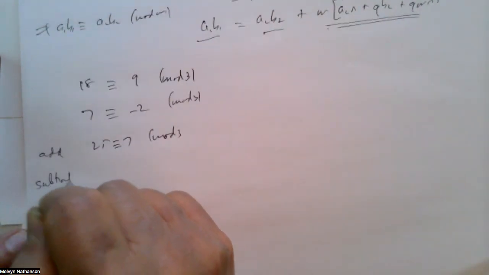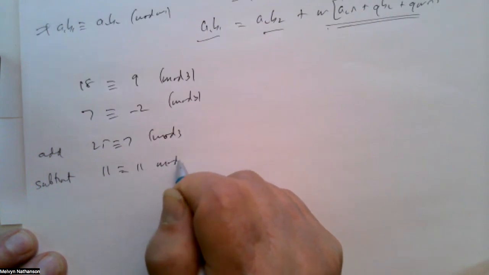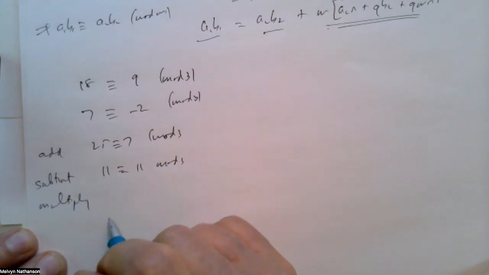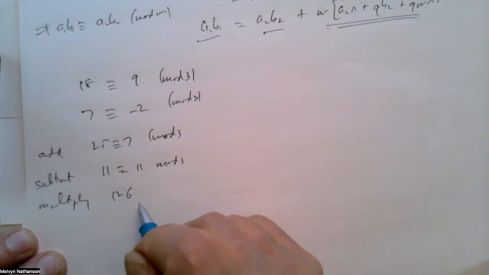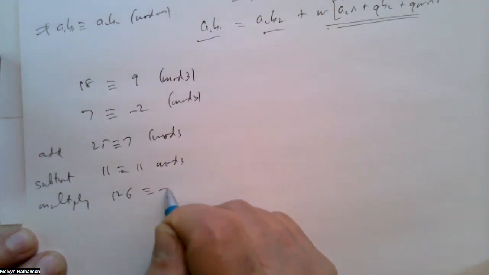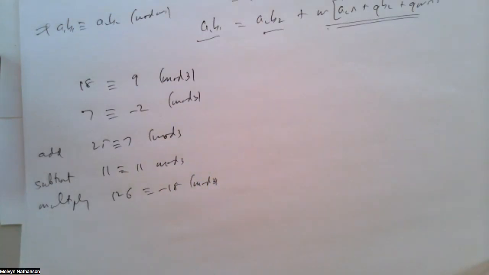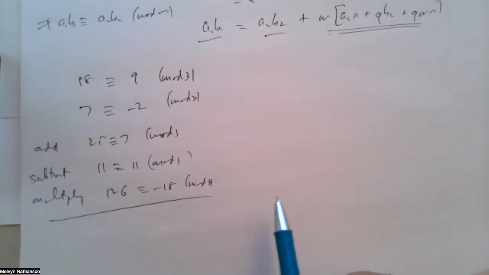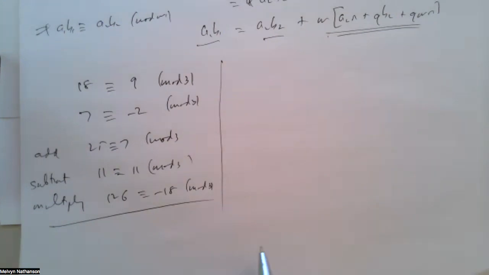If we subtract, we get 11 is congruent to 11 mod 3. We multiply, 7 times 18 is 126. It's congruent to minus 18 mod 3. Right, so you can check all of these directly, but they follow from these properties of congruences. Any questions about this?